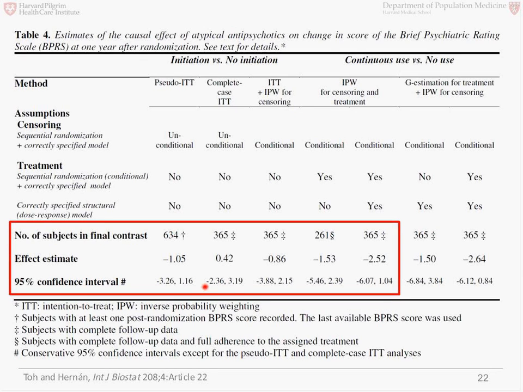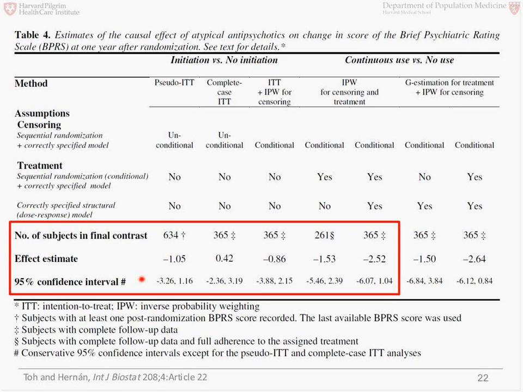So let's talk about the 3 intention-to-treat analyses. The first one is the pseudo-ITT analysis. My apologies for the very bad naming system we have here. But this is basically the last observation carry-forward approach. As you can see, it allows you to include more patients in your outcome model compared to other approaches.